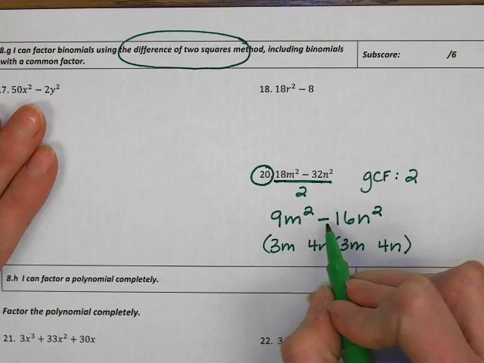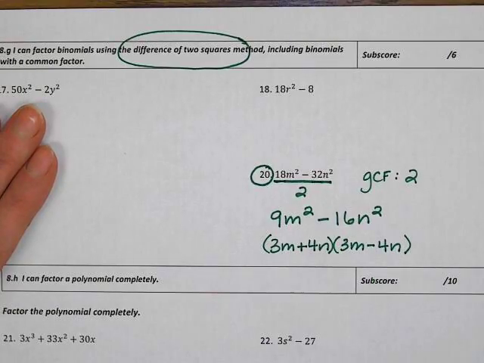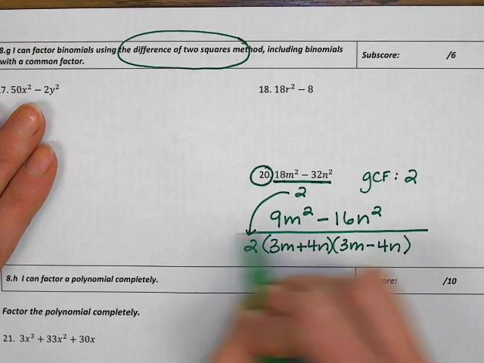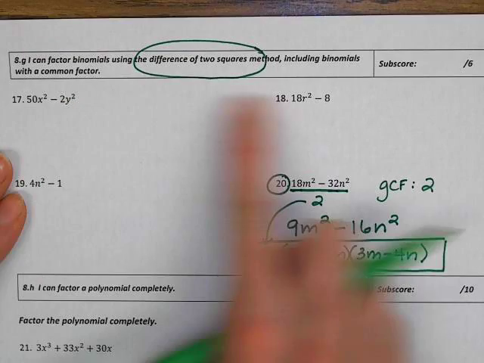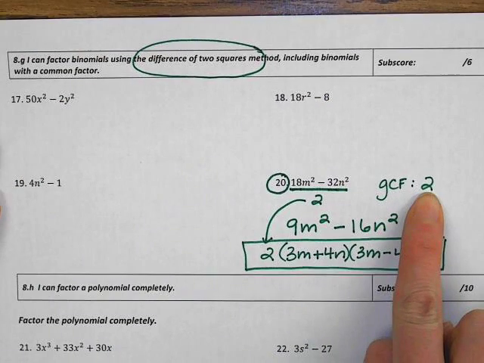And then to get a negative, we need a plus and a minus. And now you're done if you remember to pull down the GCF. So that's how you do the difference of two perfect squares. Just remember, if they're not perfect squares already, to pull out the GCF first, and then they will be.